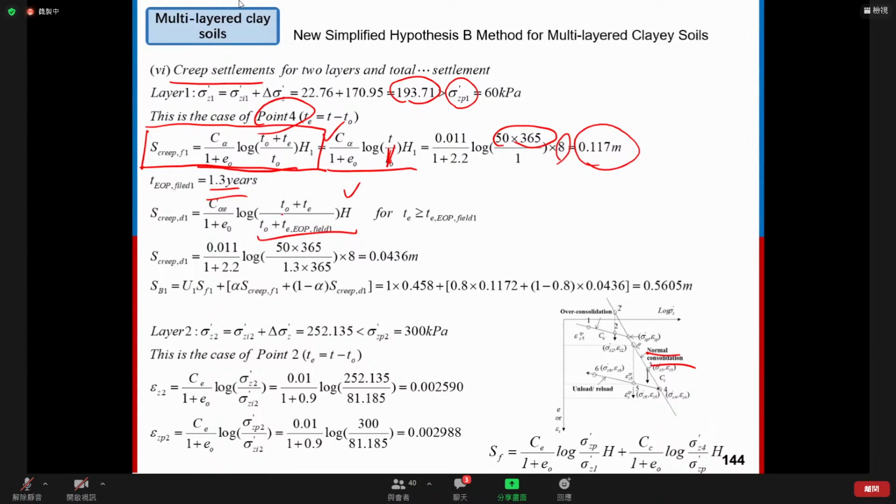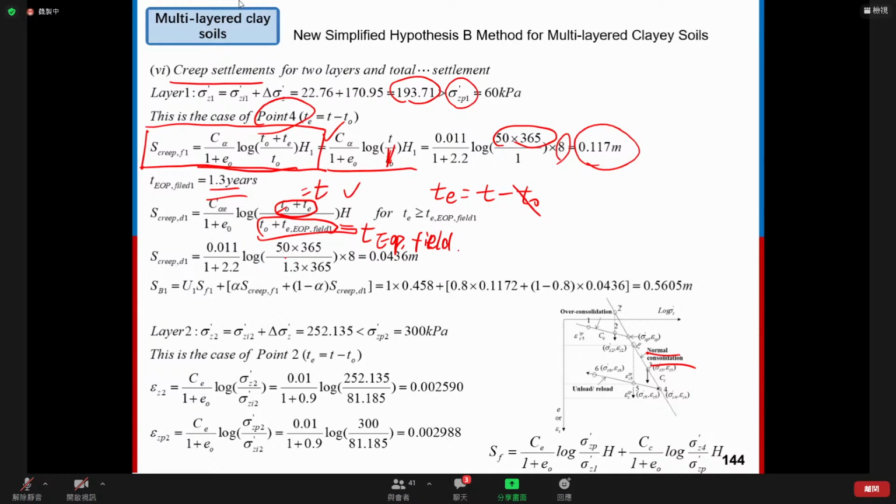And T0 plus TE actually is equal to T, because TE is equal to T minus T0, so the T0 cancel. So here, the upper part is equal to T, and the lower part is also equal to TEOP at field, right?